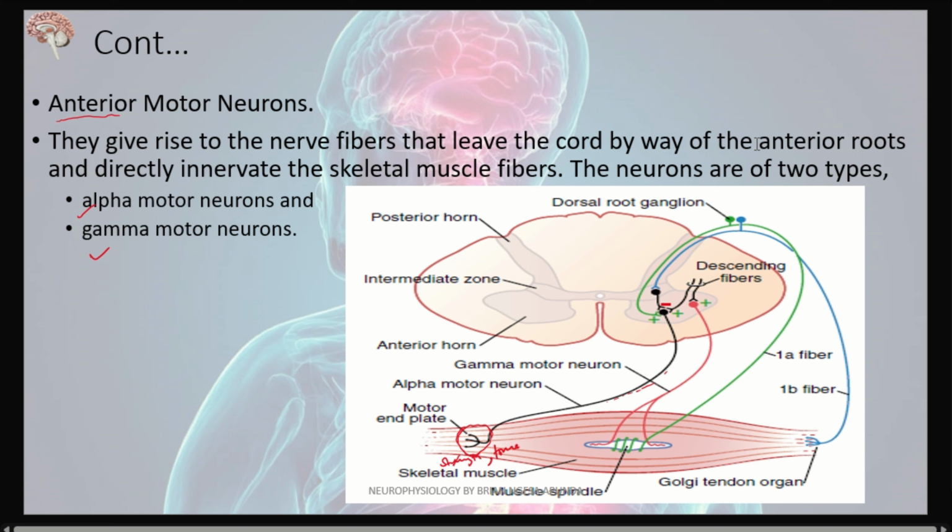If you can just follow the green line over here, see how it is advancing. We are still having our green, of course with the ganglion just before entry. While entering, it will go all the way up to the lower motor neuron. I hope you are noticing that.